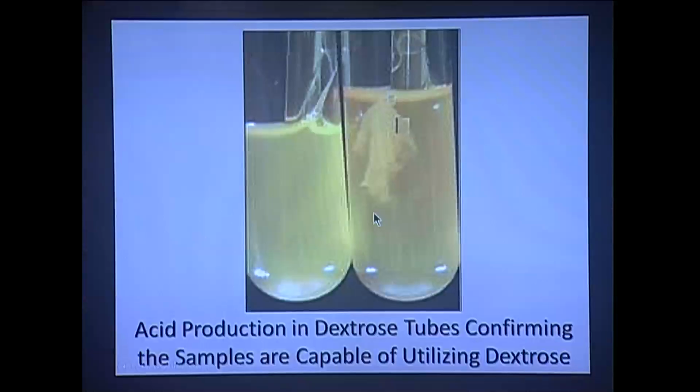It proves that the organism can ferment dextrose. And we know that Rhizobium can ferment dextrose, which is very evident from the tubes here. You can see that it has turned yellow, and in the Durham's tubes the presence of a bubble shows that gas has been produced, because glucose has been fermented to acid and gas.